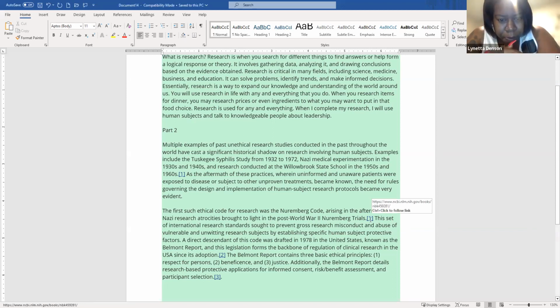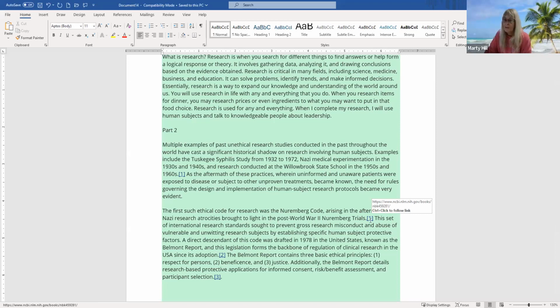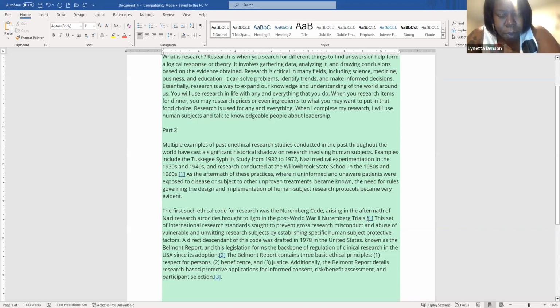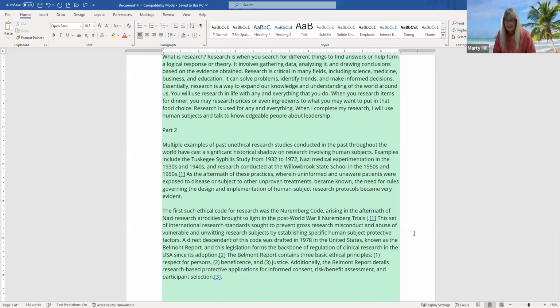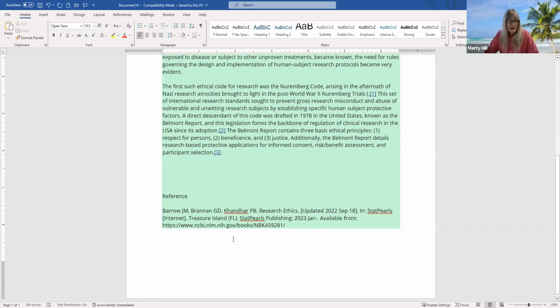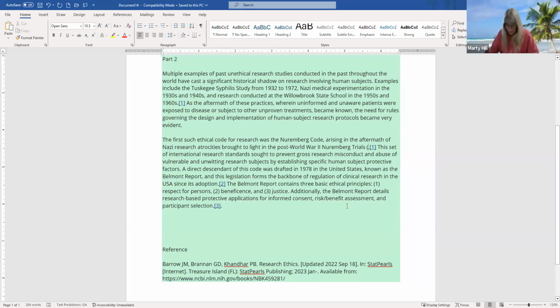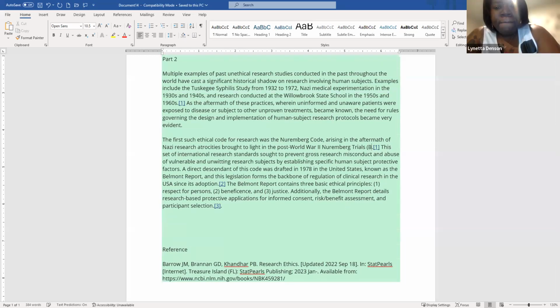Okay, that is MLA, and what we use is APA. So instead of providing a number, you will provide the citation, APA formatted. So that'd be Barrow, 2022. And it's et al. because there's more than two authors, correct?